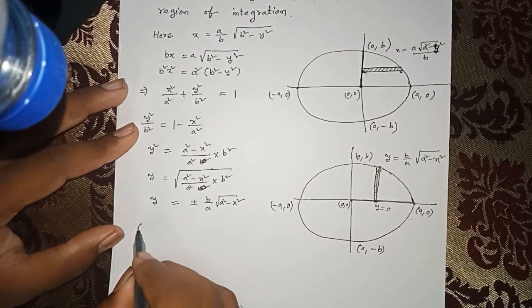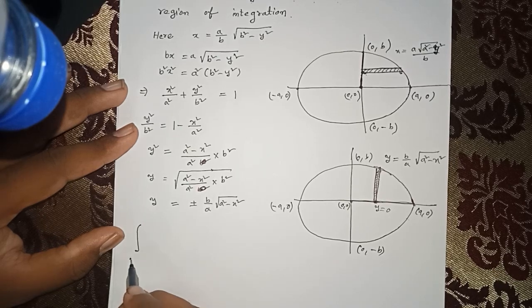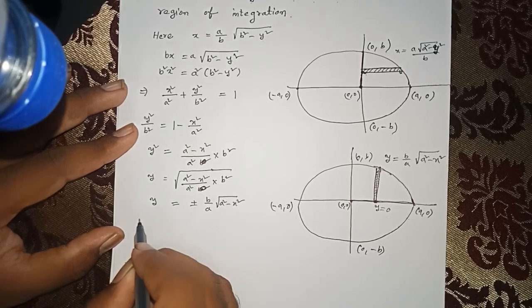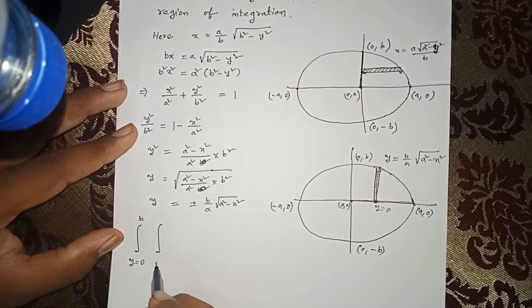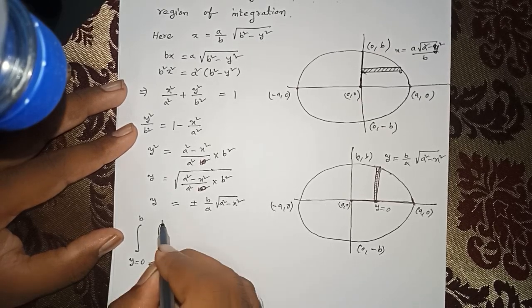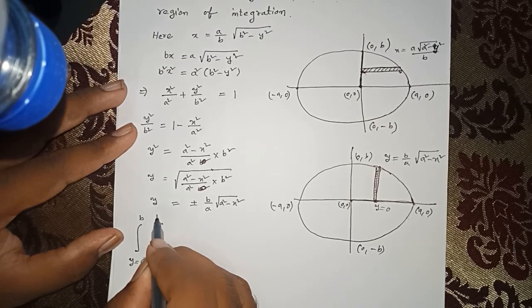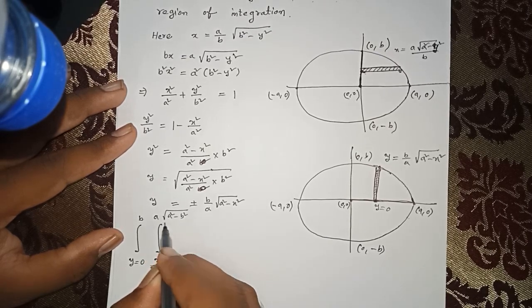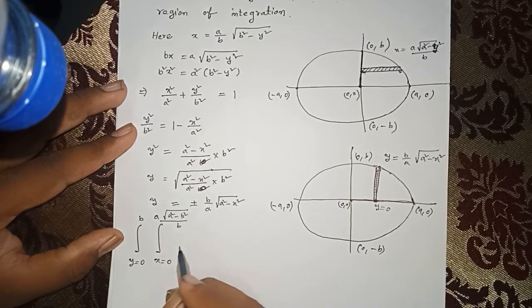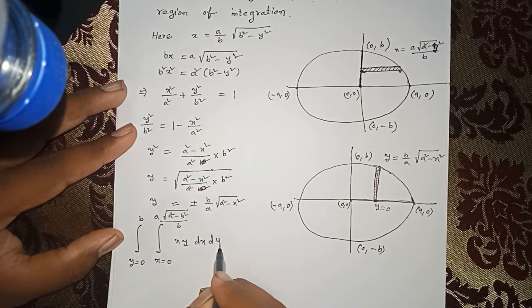This is the given problem: y is moving from 0 to b, x is moving from 0 to a root of a square minus b square by b, xy dx dy.